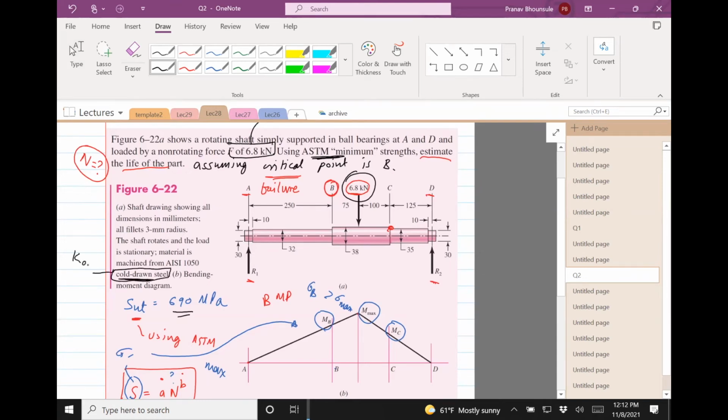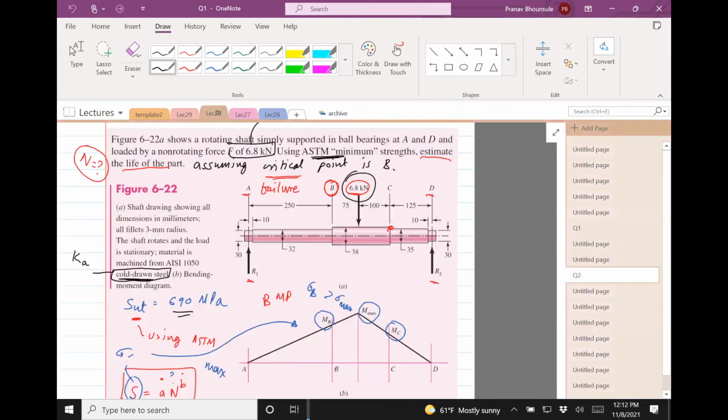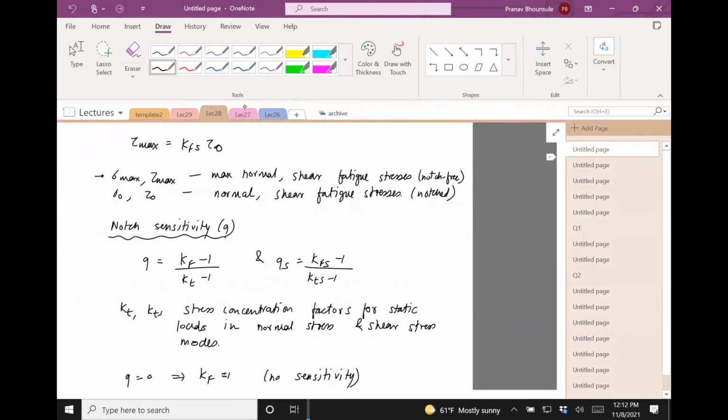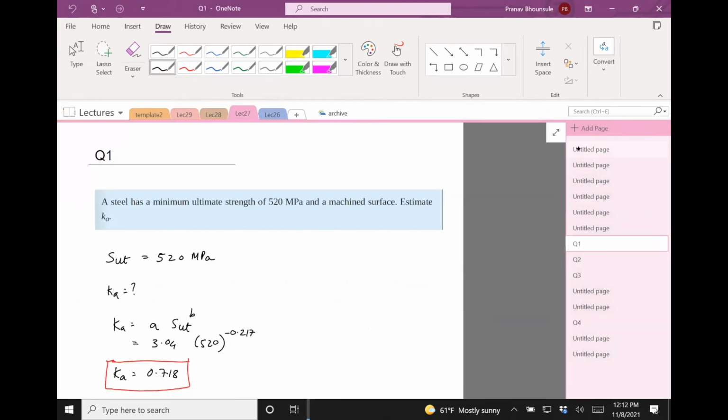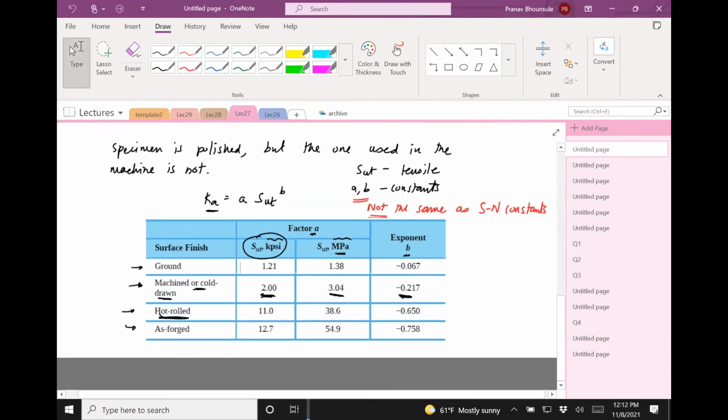Compute Ka. So we go back to the table, which I think I wrote down last time. Not this one. So this is a previous lecture. Okay, so this is cold drawn.